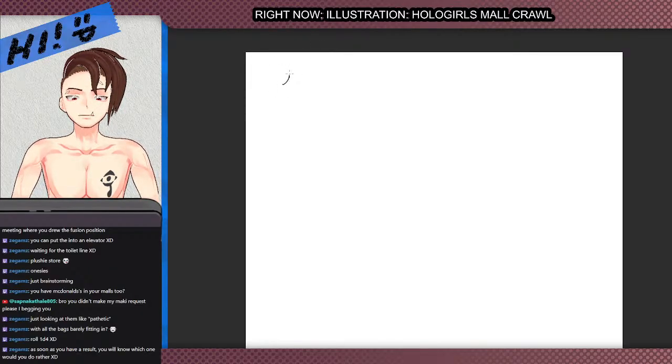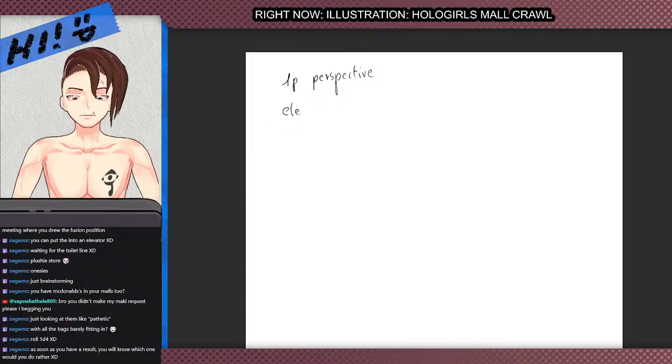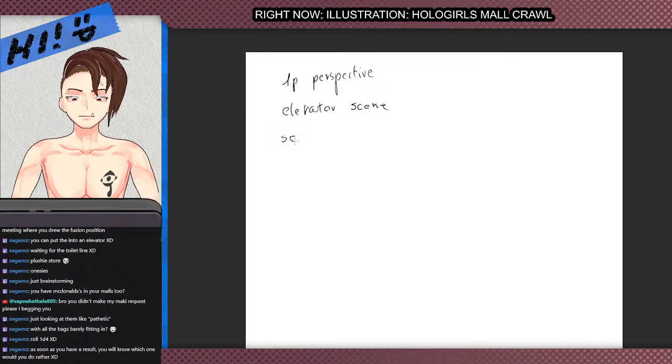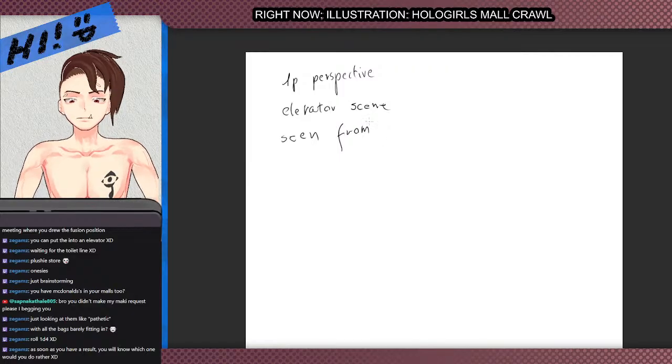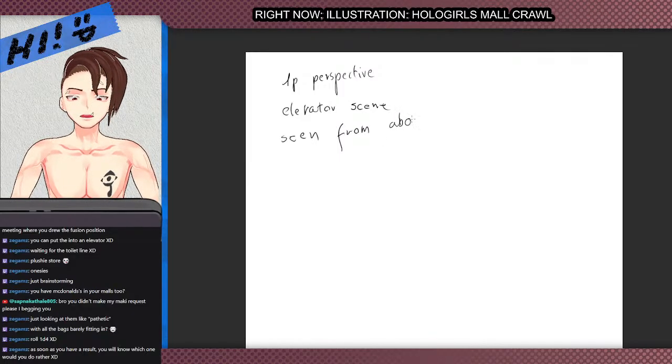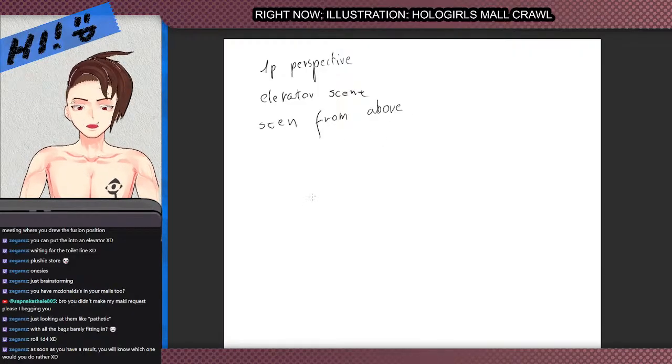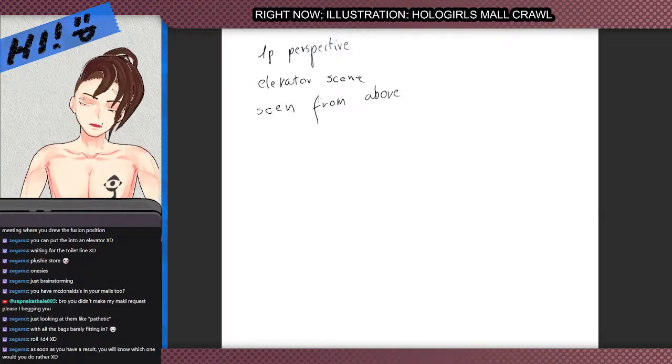Elevator scene from above. And now I need to make the personalities of the characters.